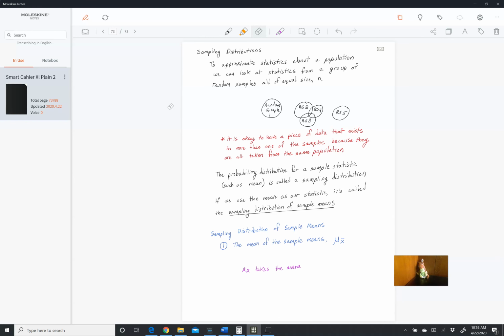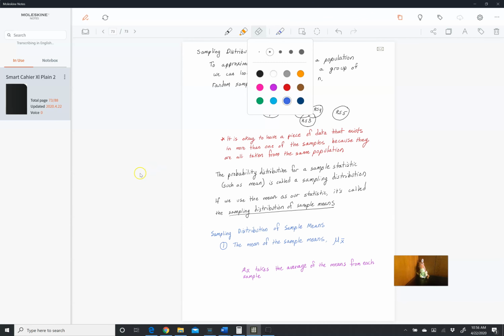I'm going to use the word average here just because I don't want the word mean becoming overwhelming. It takes the average of the means from each sample. Okay, so let's continue here.